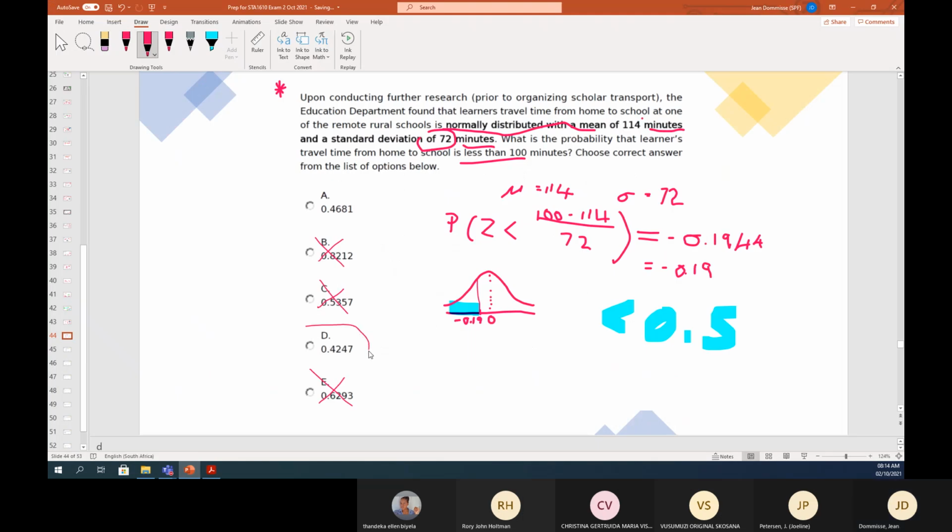There we have the answer, so that one would also have been wrong. Once again, when you draw the diagram, you can see that it definitely eliminates some of the options already. So that's a neat tip to see which ones we can eliminate.